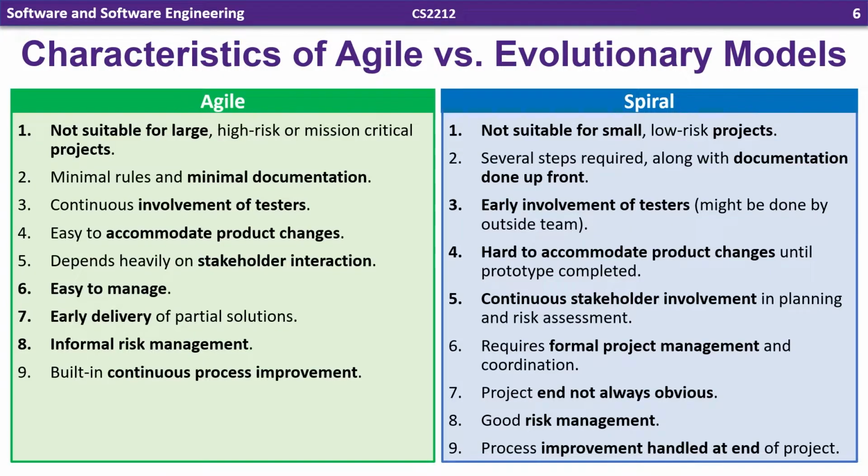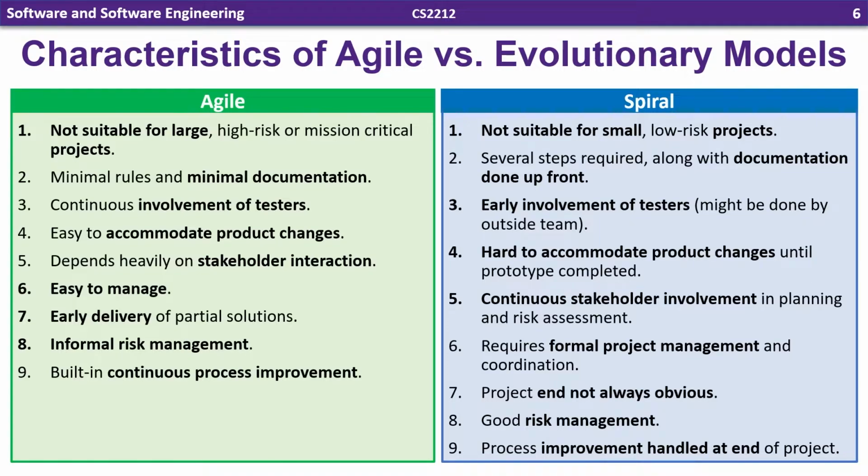And number five, continuous stakeholder involvement in planning and risk assessment. Number six, requires formal project management and coordination. Number seven, product completion not always obvious. We don't know when we're actually done in that spiral, but it does have good risk management. And again, it has process improvement handled at the end of the project.